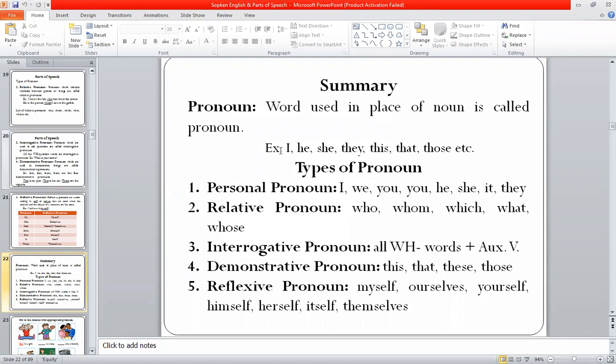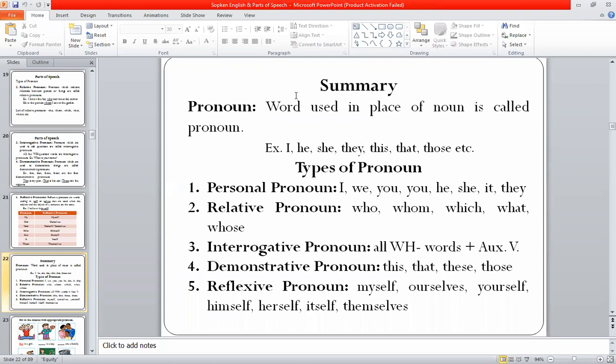So what are its types? First is personal pronoun, and examples: I, we, you, he, she, it, they. Then the next type is relative pronoun. The pronouns who, whom, which, what, whose.